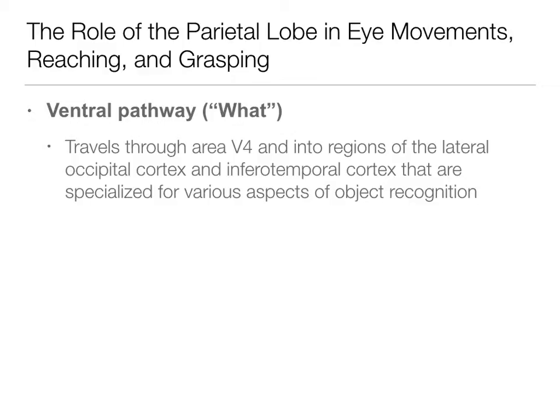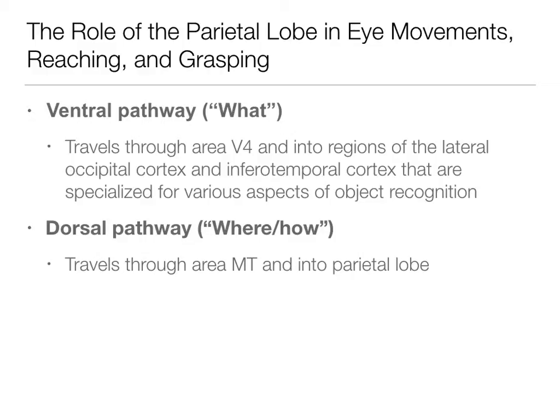But of course, what's going to be very important is the where-how pathway, that dorsal pathway. That's how the information is getting into MT, which we talked about in the first lecture, was so important for recognizing movement. So both of these pathways are really having to work together for our perception of motion and our perception of action, to be able to act on these things.